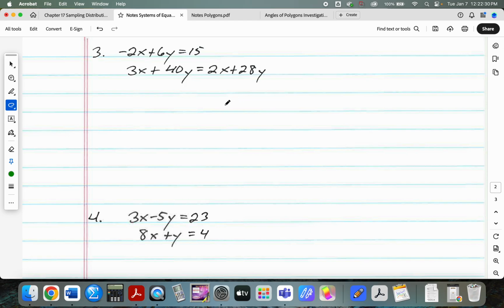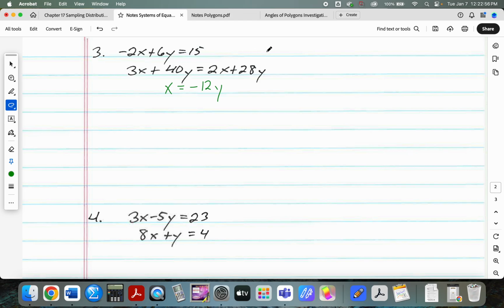So I'm going to actually subtract 2x from both sides, and I'm going to subtract 40y from both sides, because that will leave me with just x is equal to negative 12y. And then I'll substitute.